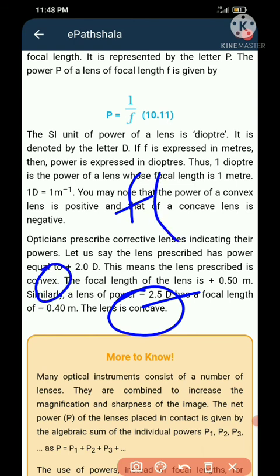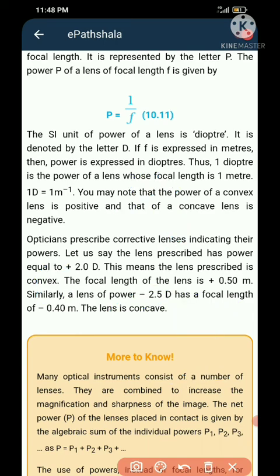So when the value comes positive, it is a convex lens, and when the value comes negative, it is a concave lens. Simply, this is the overall chapter explanation.